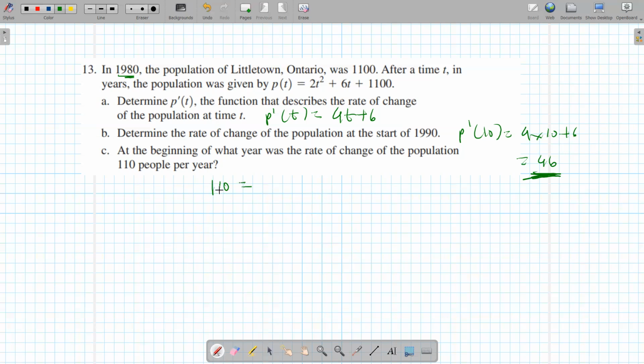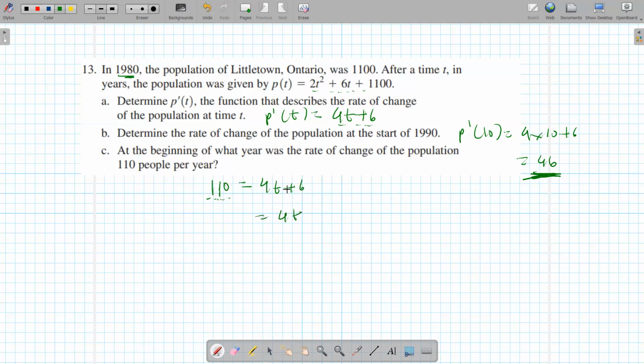So remember, rate of change is the slope. Do you set this equal to 4t plus 6? Or do you set this equal to the original function? Do you remember this? This is the rate of change, 110 people per year. You're going to set it equal to the second one, the slope function. Yeah, slope equals slope, not the main function.